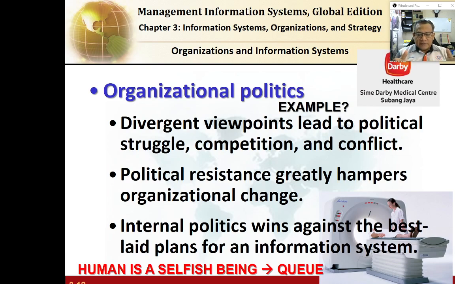In a very narrow perspective, we could say that humans are basically selfish, thinking of themselves first before others. For example, in a queue, of course you would like to get served first, but the basic arrangement is first come, first served. So that is the organizational politics within the organization.